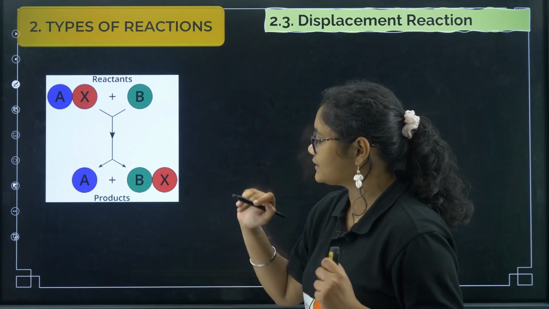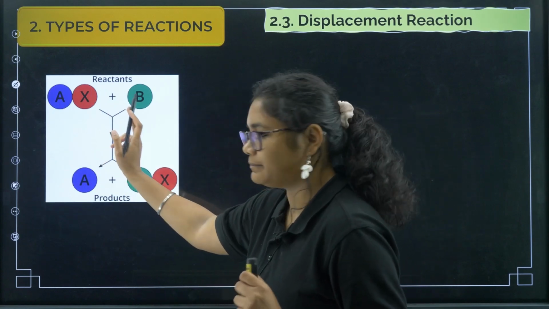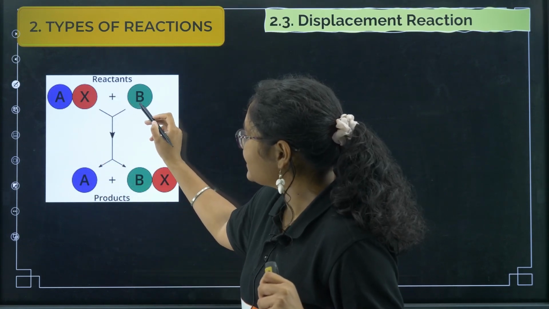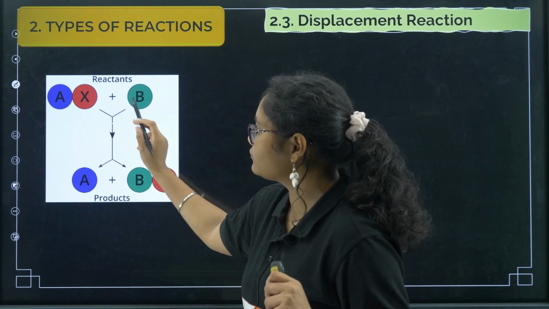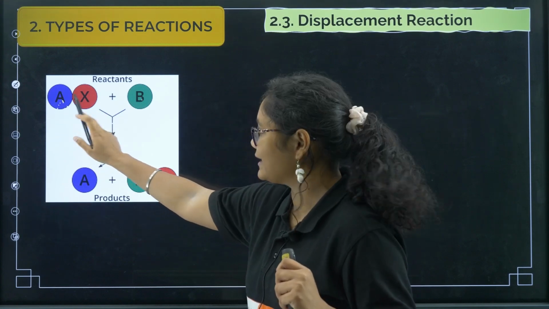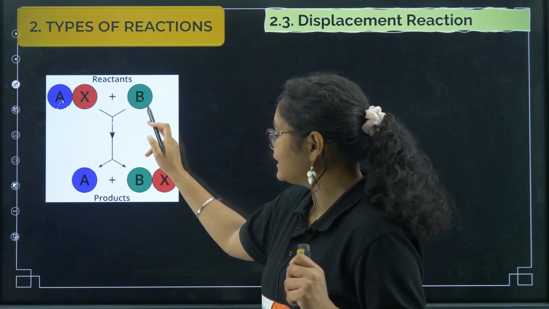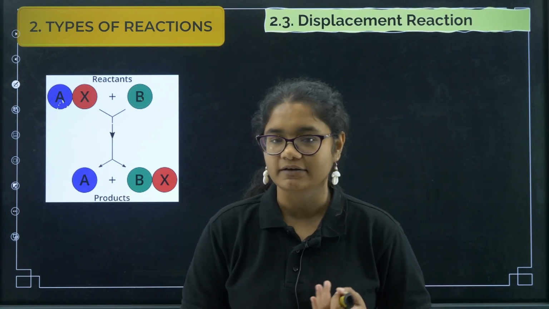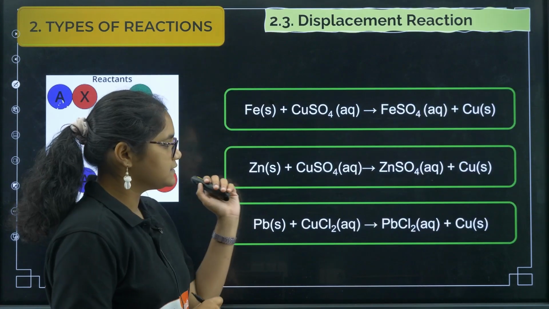Now we'll go to the third type of reaction, that is displacement reaction. You can see this example here: you have AX and B as reactants, and in the product B exchanges with A. So B is taking the place of A, and we get BX and A. That is a type of displacement reaction. Here you can see certain examples.